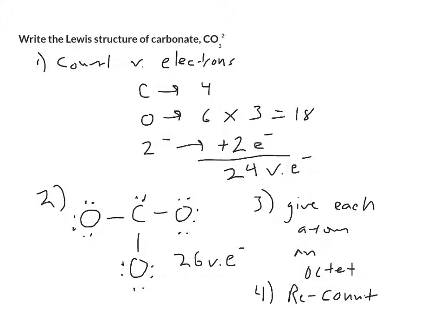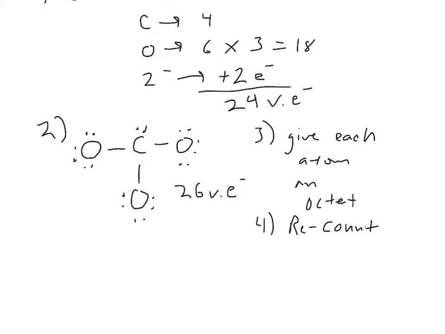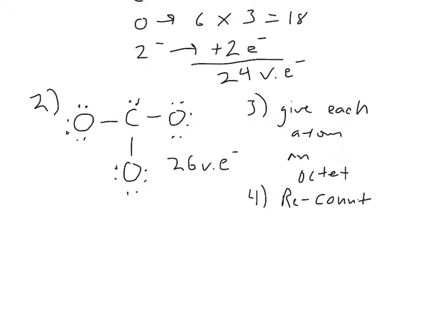So I have too many electrons in my structure. What does this mean? Okay, I have 26. There are only supposed to be 24.